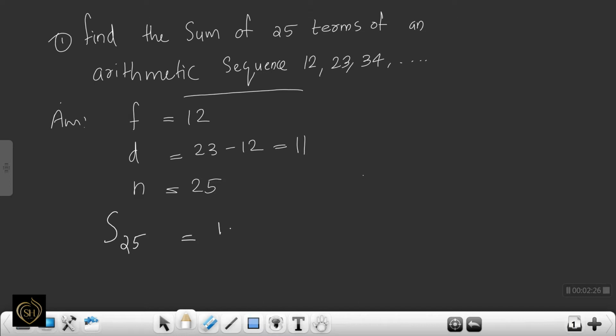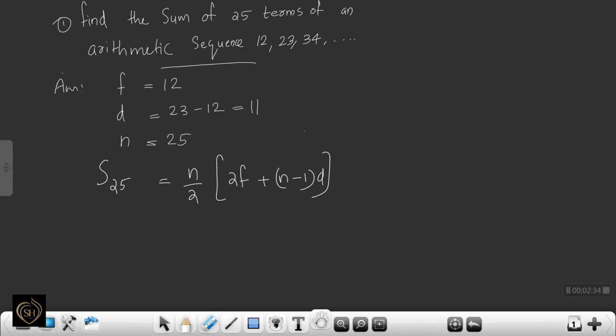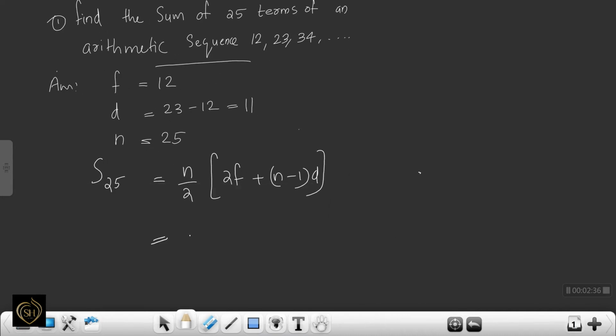S25 is equal to, we have the formula n by 2 into 2f plus n minus 1 into d. That is equal to 25 by 2 into 2 into first term 12, 2 into 12 plus 25 minus 1 into d. d is 11.